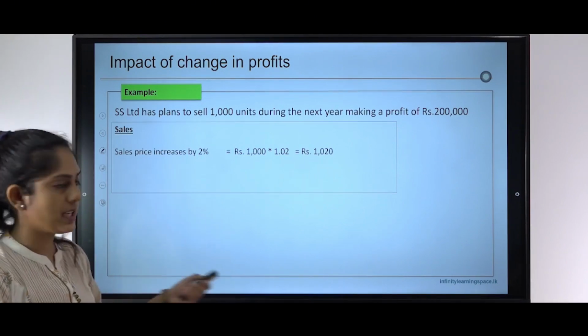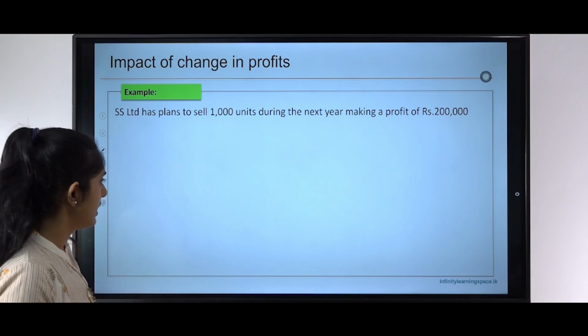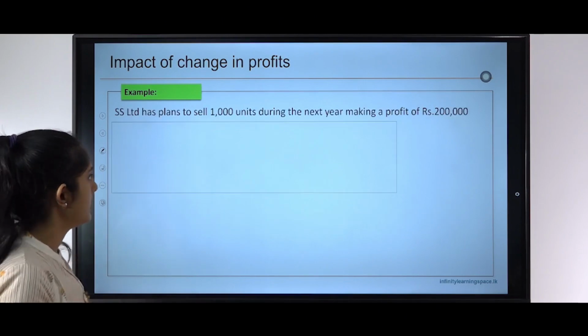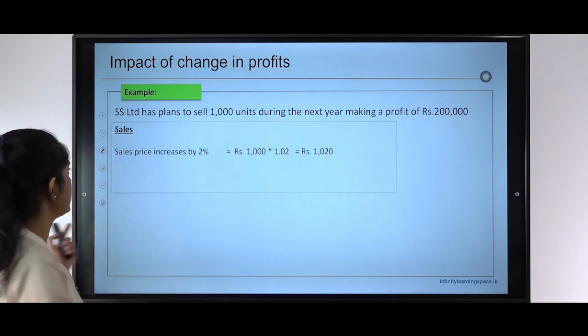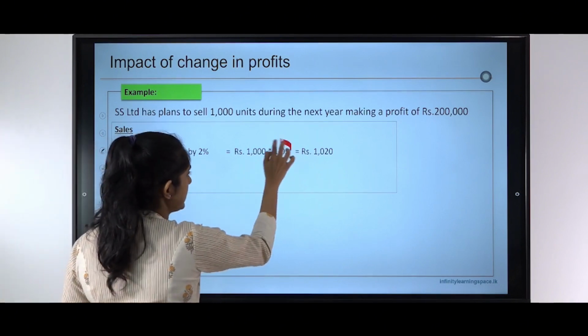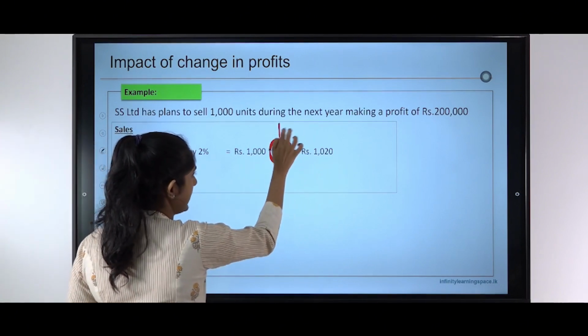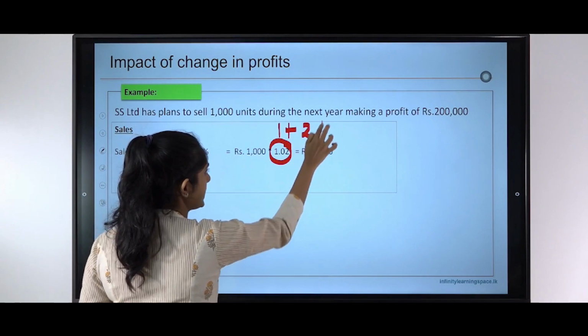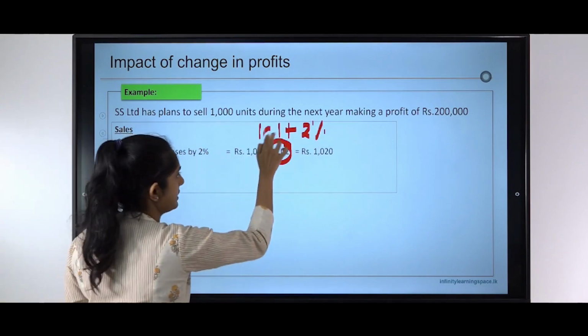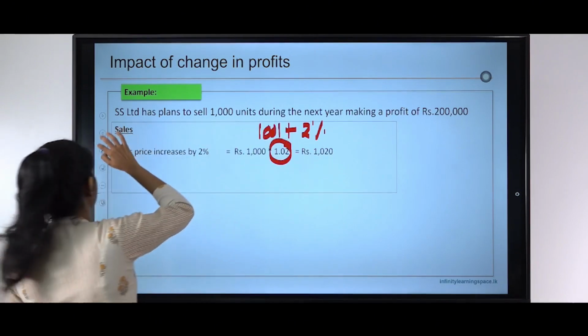So take the original price 1000 rupees. How do I know that? See here, 1000 rupees, right? So 1000 rupees, increase it by 2%. That's the 2% they said. So again 1 plus 2%. Basically 1 means 100%, right? 100%.